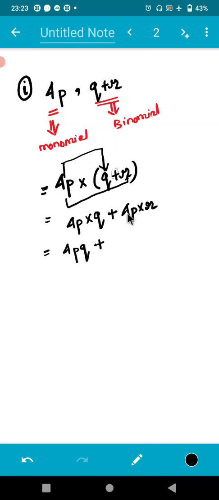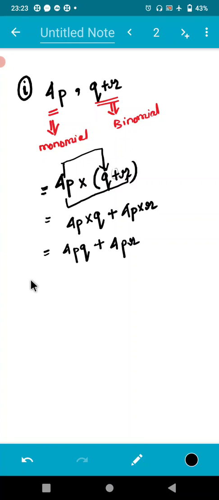Now again, when we multiply 4 with r, r has a numeral coefficient of 1, isn't it? So 4 into 1 is 4, and p into r is pr. Okay, so this is the product of the first sum. Fine, this is how you have to multiply a monomial with a binomial.